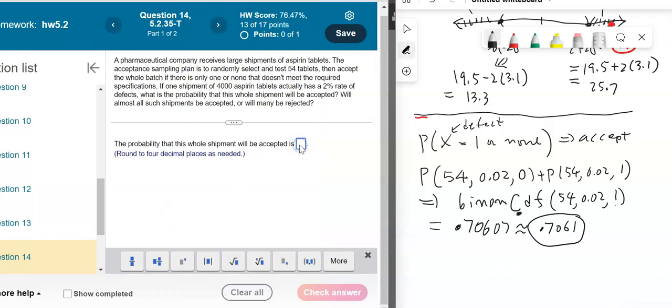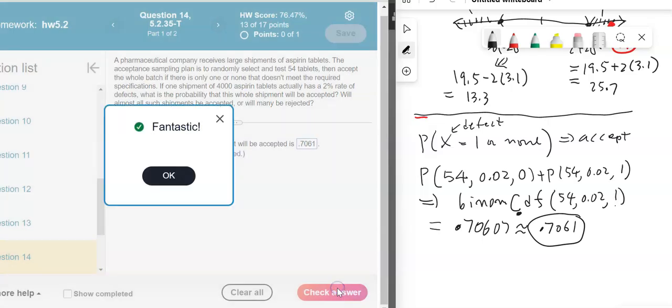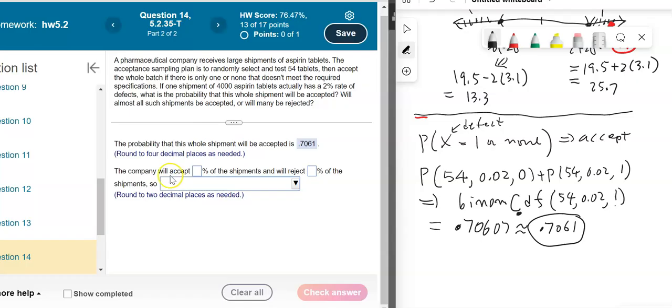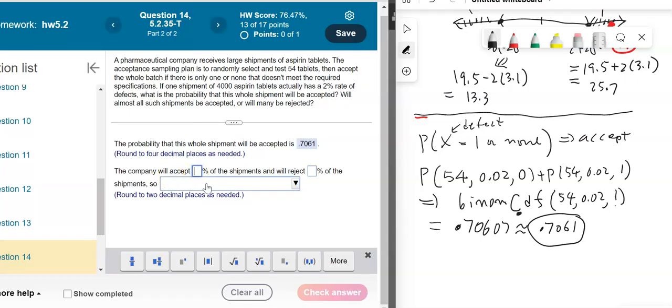So 0.7061. The company will accept about 70.61%, to 2 decimals. And the rejected proportion will be 1 minus that.